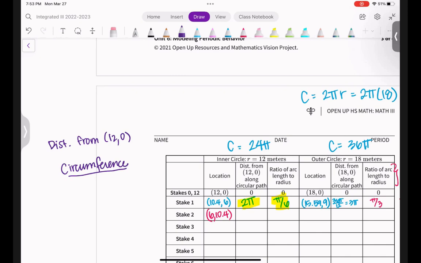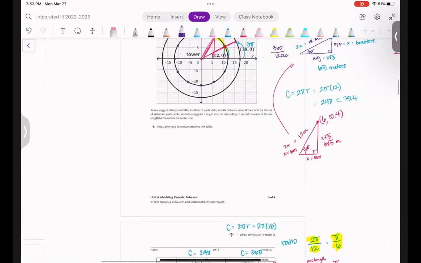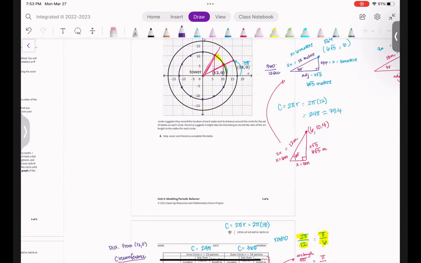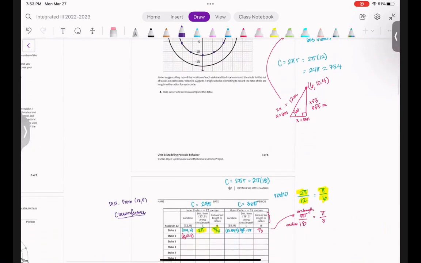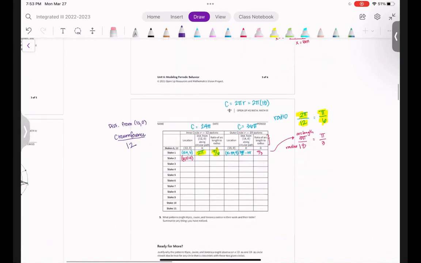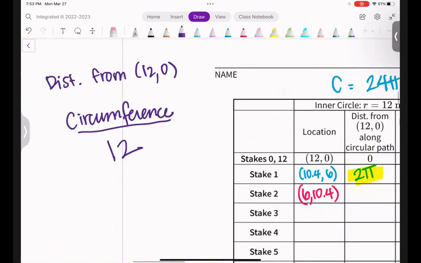So this one, if you notice, we have two of those pieces. You already know one of them is in this case 2 pi. So you're hoping that two of them would be 4 pi, which it is. So we took our circumference and divided it by 12. In this case, we got 24 pi divided by 12, which equals 2 pi.